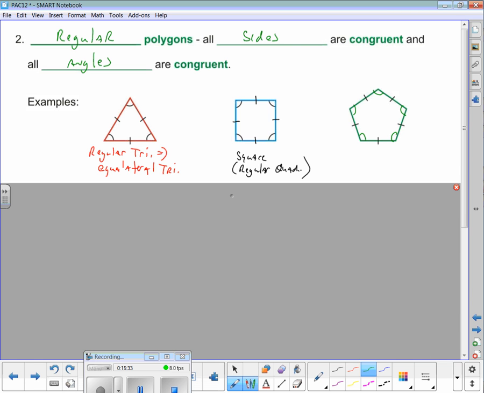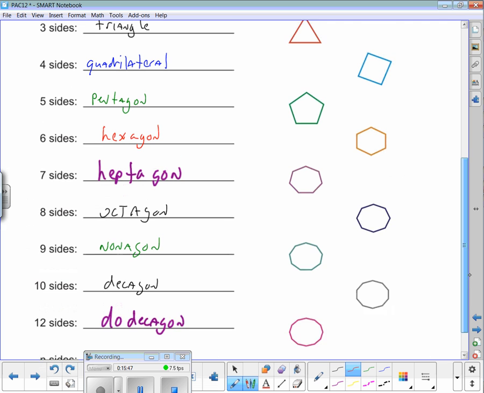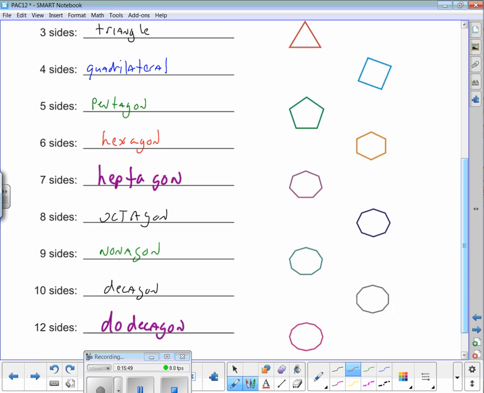All right, so look, regular is a big deal because regular allows us to do some other things. So you have to know what a regular is. And by the way, every one that I showed the example of is a regular one. Each one of those is regular. The angles are the same amount and the sides are congruent. All these angles are congruent to each other, all sides. This one's angles are congruent to this one's angles, and this one's sides to this one's sides.